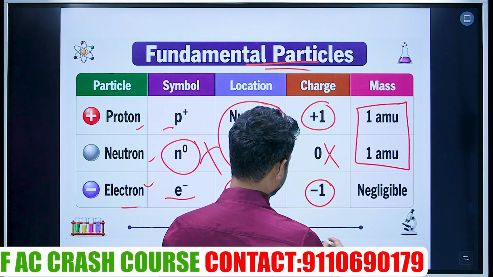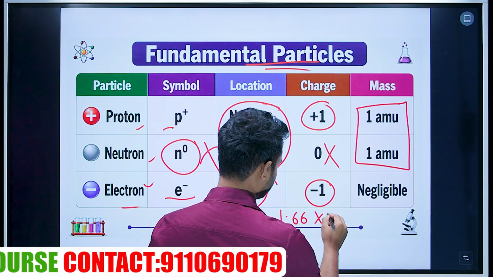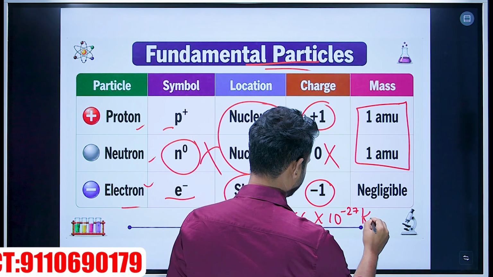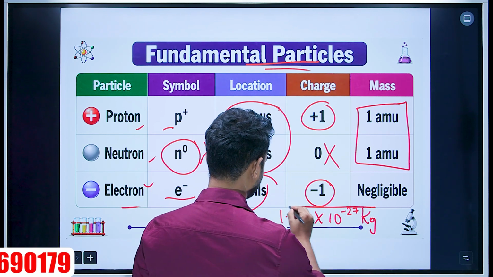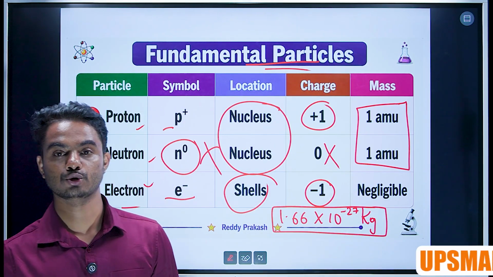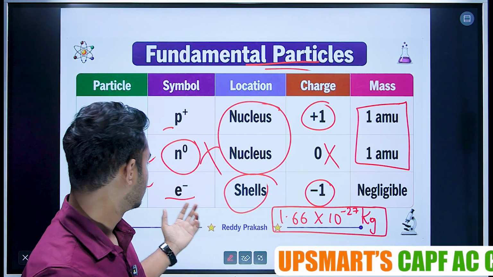Note down this value: 1.66 into 10 power minus 27 kg. This is 1 atomic mass unit.